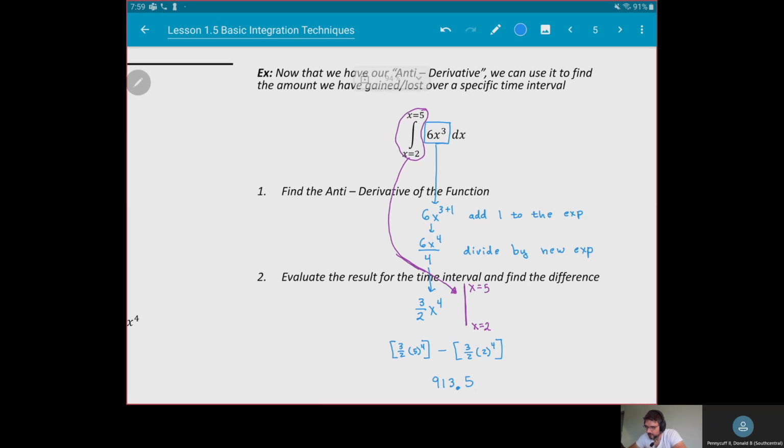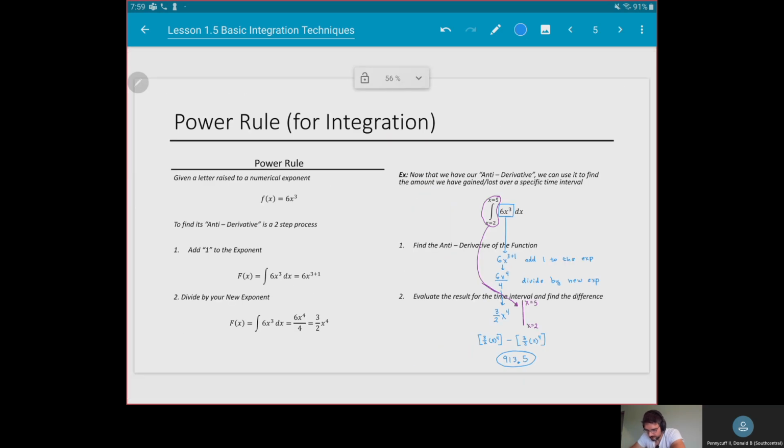I don't remember having too many decimals on this set of examples. But no, it backs it up. Okay, so that one does work out to be a decimal. Boom. So that's how much we've gained. Any questions about this? We're going to do a few more examples of this.